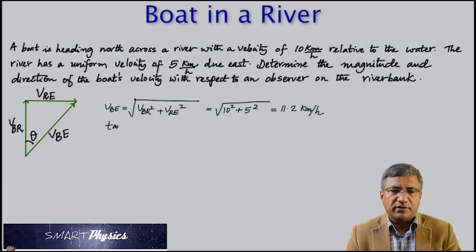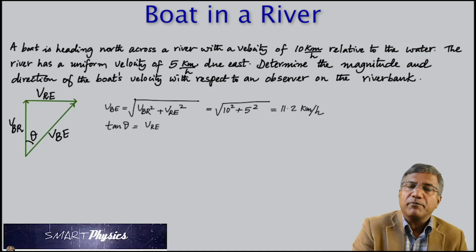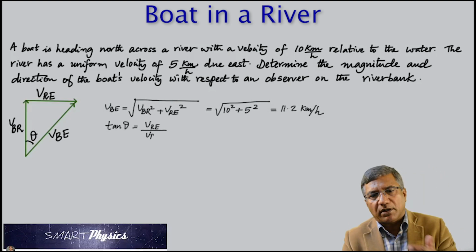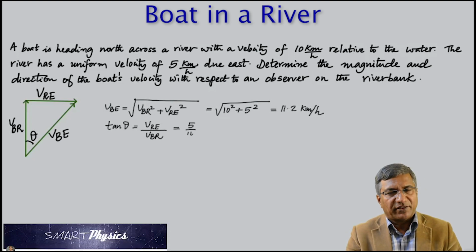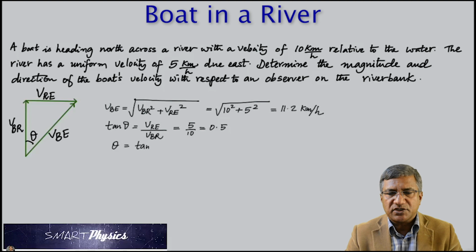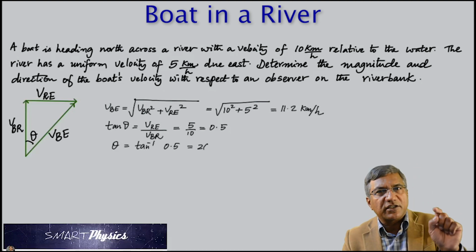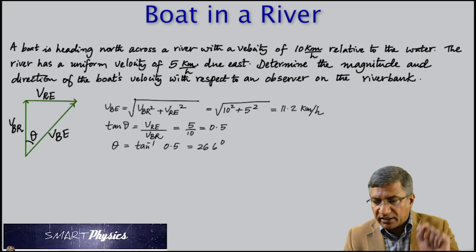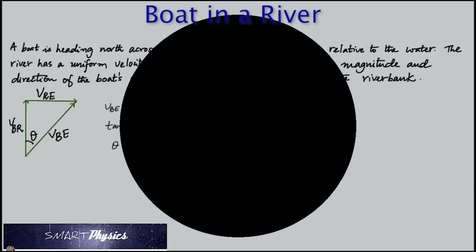So the opposite is VRE, which is 5, and the adjacent is VBR, which is 10. You get 5 divided by 10, that's tan theta, which is 0.5, and then you take the tan inverse of 0.5. Use your calculator, hit the shift key, hit tan, and then plug in 0.5, you will get 26.6 degrees.